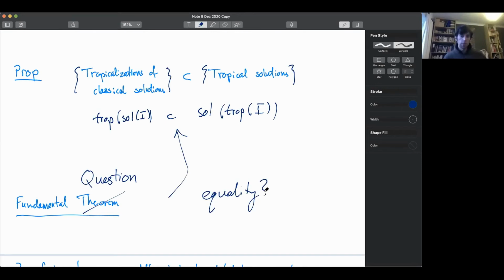So in the special case of this setup, that was what Grigoriev introduced, thanks to the theorem of Aroca, Garay, and Tognoli, we know that in that special case of tropical differential equations, we do have an equality here, which is very useful. It means if you can construct a tropical solution, then you can lift it to a classical solution. But in this more general framework, I don't know if we have an equality there or not.